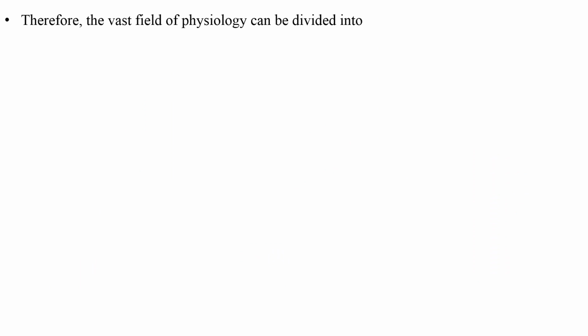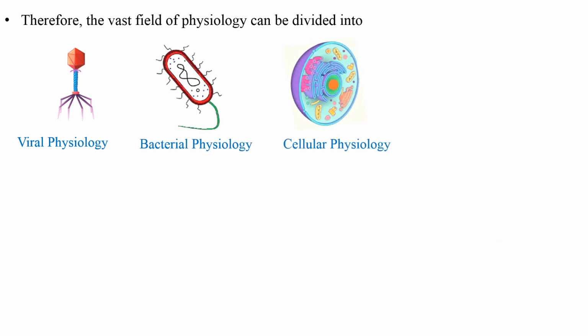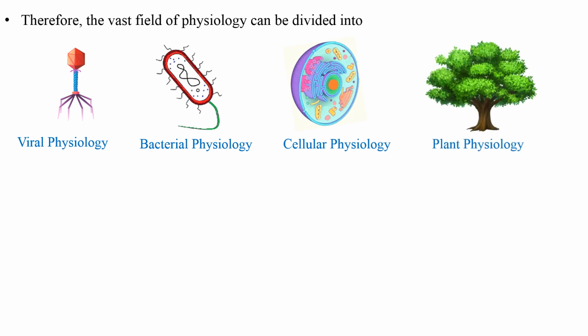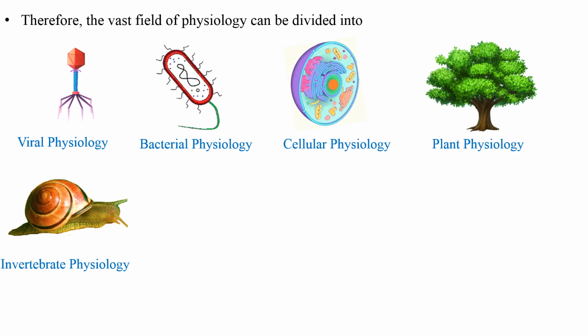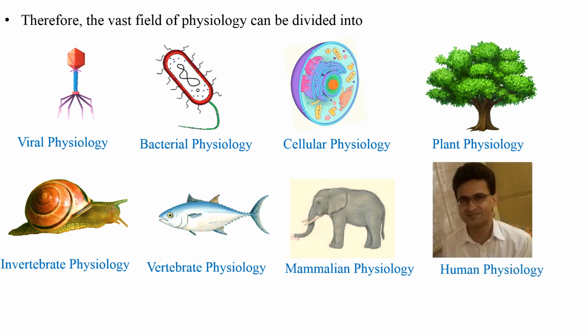Therefore, the vast field of physiology can be divided into viral physiology, bacterial physiology, cellular physiology, plant physiology, invertebrate physiology, vertebrate physiology, mammalian physiology, human physiology, and many more subdivisions.